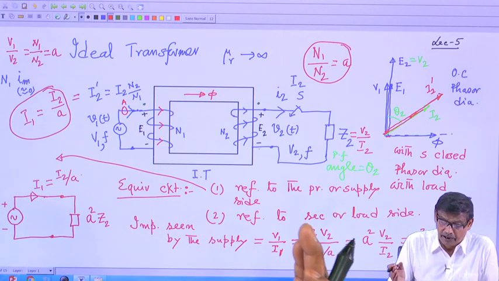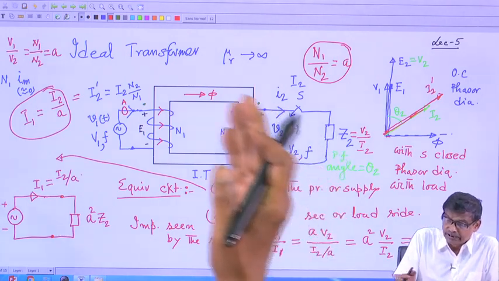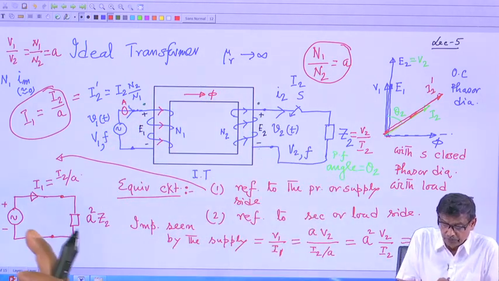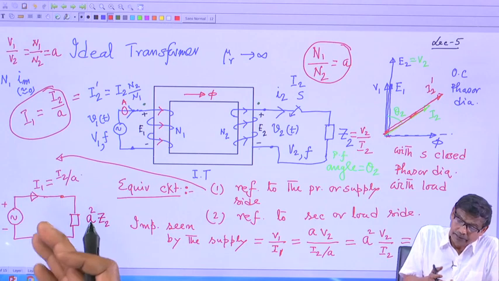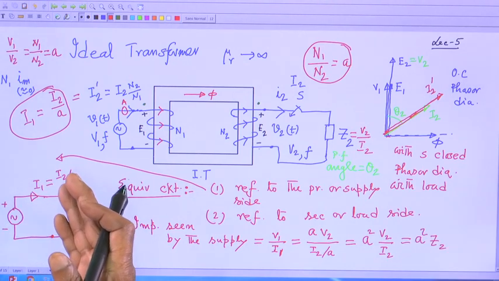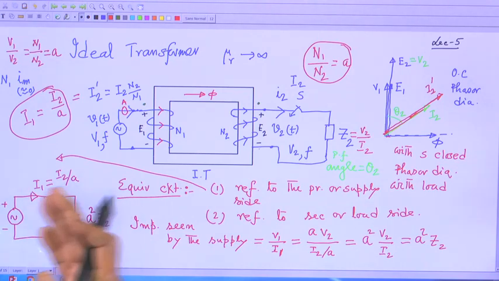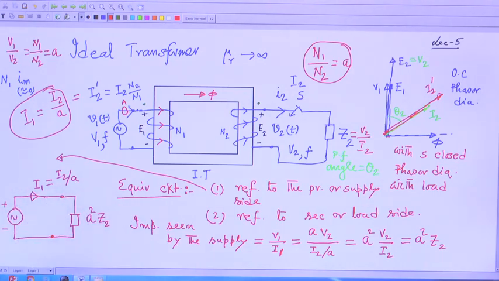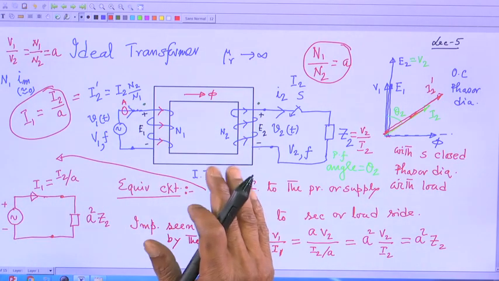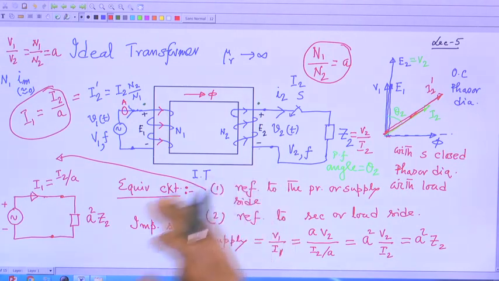You may ask, but my actual circuit was this. Once you have solved for I1, you can easily calculate I2 simply by multiplying this I1 with this small a. That is the beauty of this particular method of analyzing the circuit.